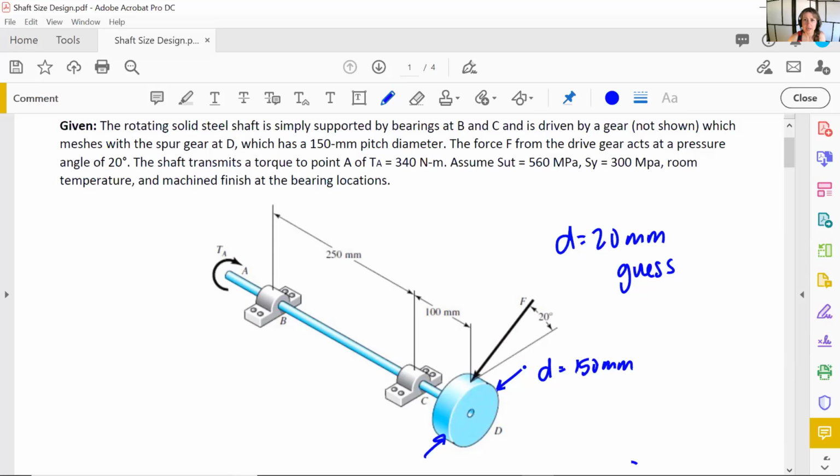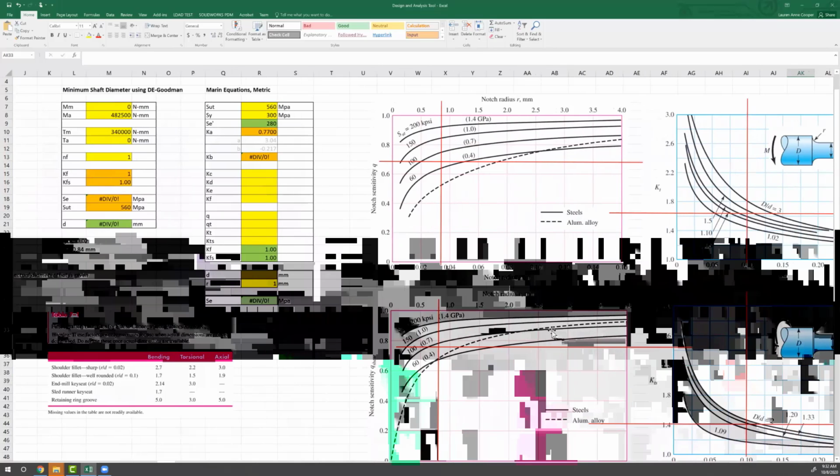So back to the analysis tool. All right, so I will input my guess of 20 millimeter diameter, and you'll see how that updates Kb automatically. We have combined loading, so Kc is 1. Room temperature, Kd is 1. Ke, we have to assume a reliability.